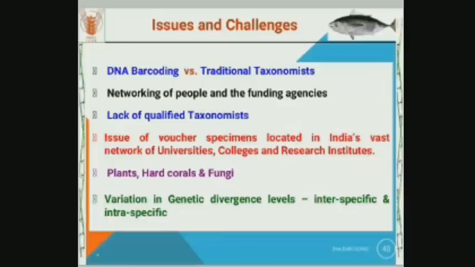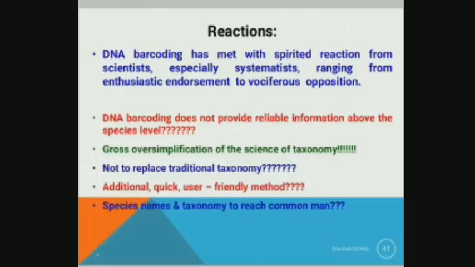Even we can look into this kind of level of genetic divergence. It varies for different groups, based on how fast it evolves in a particular group of organisms. We have to fix which gene we can use for interspecific and which gene could be used for intraspecific levels of variation.